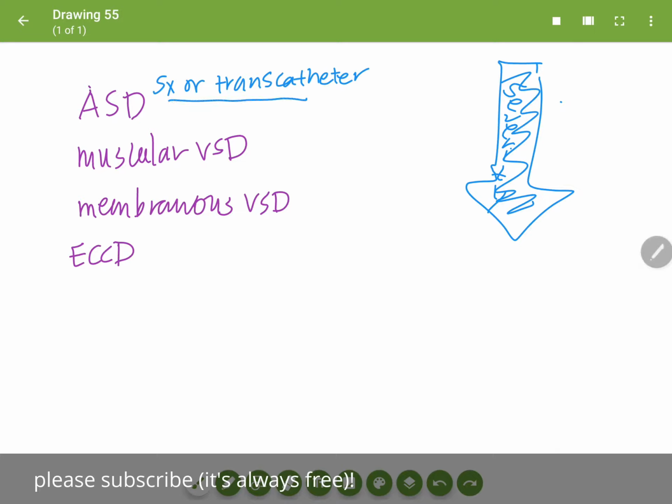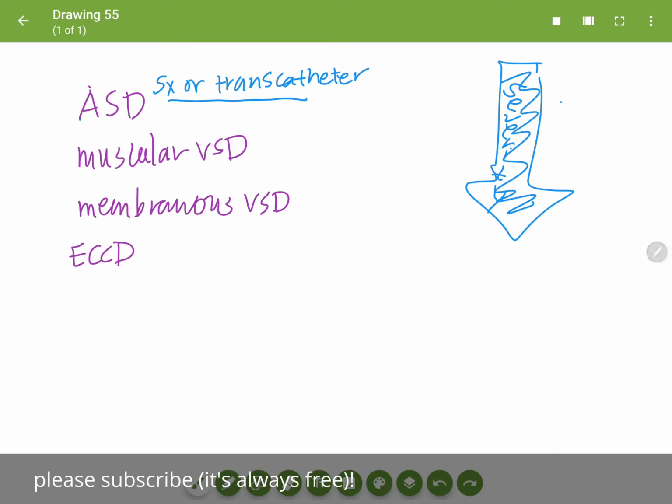For a muscular VSD, there is a high likelihood of spontaneous closure. So, like the ASD, it is likely to close on its own in the first 1 or 2 years of life.